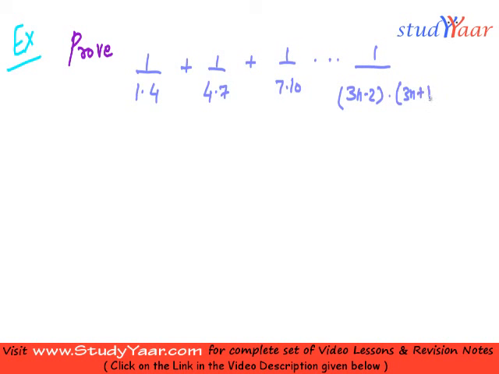The statement is: prove that 1 upon 1.4 plus 1 upon 4.7 plus 1 upon 7.10 and so on up till 1 upon (3n minus 2)(3n plus 1) is equal to n upon 3n plus 1.